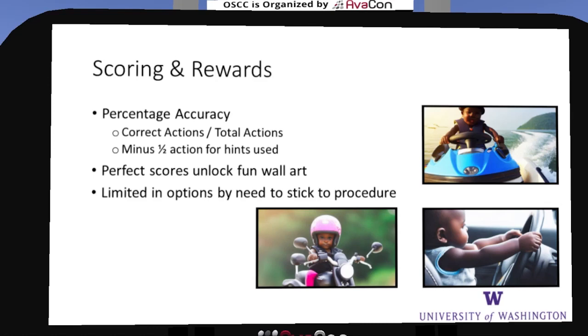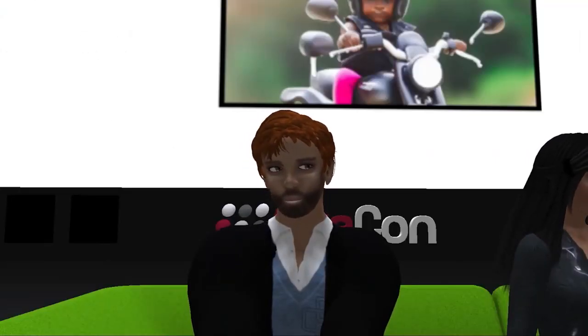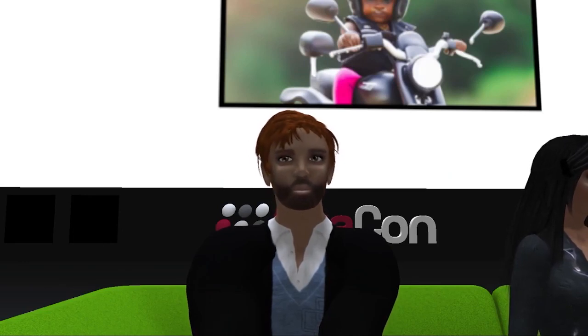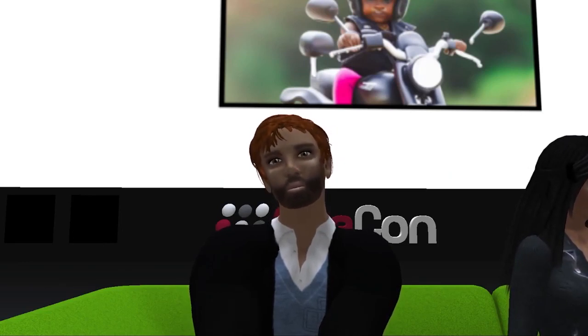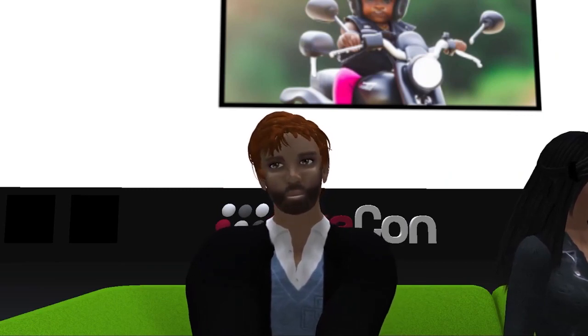But one thing we did do is we scored each level by their percentage accuracy for correct actions versus incorrect actions, with minimal points for hints to encourage them to not use them, but also encourage hints over just randomly trying things if they get stuck. And then if they got perfect scores, we would reward them with just fun, silly wall art that we created with generative AI.